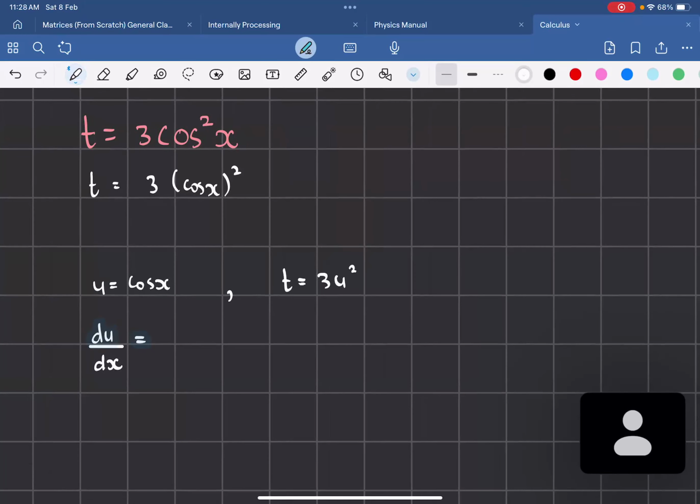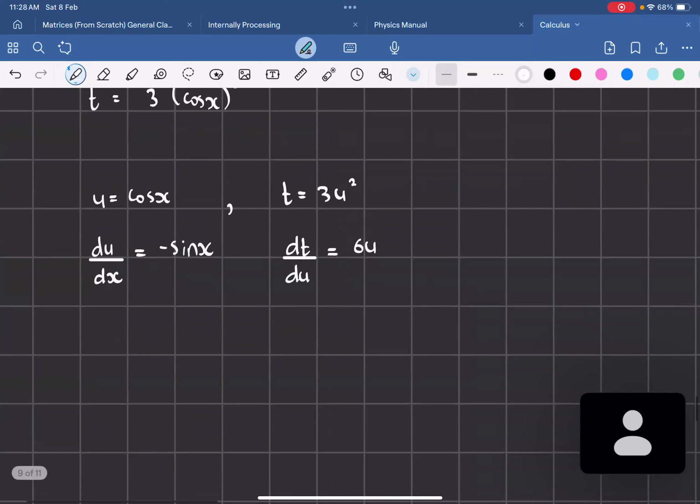If I differentiate cos x, what am I gonna get? You're gonna get minus sine x. If I differentiate t is equal to 3u squared, you're differentiating t with respect to u, and it will be equal to 6u. Okay, you're doing a good job explaining it.